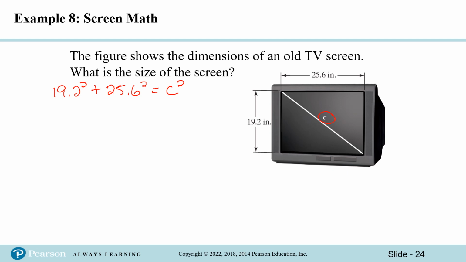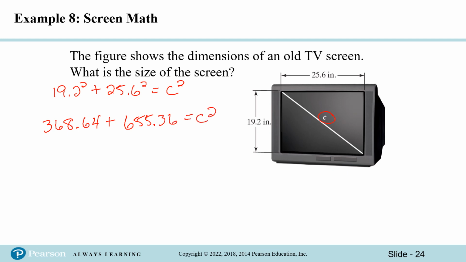And I do not know these off the top of my head. I still don't know that off the top of my head. Okay, so let's go ahead and multiply 19.2, which is 368.64, and 25.6. We're going to square that. 655.36.